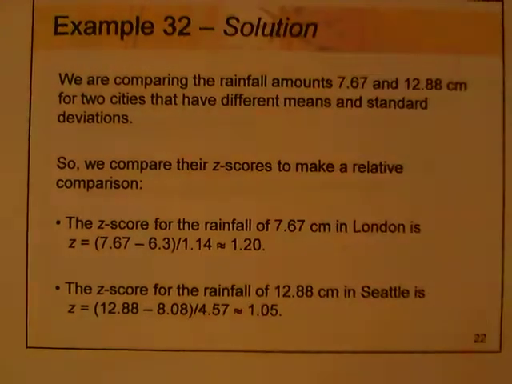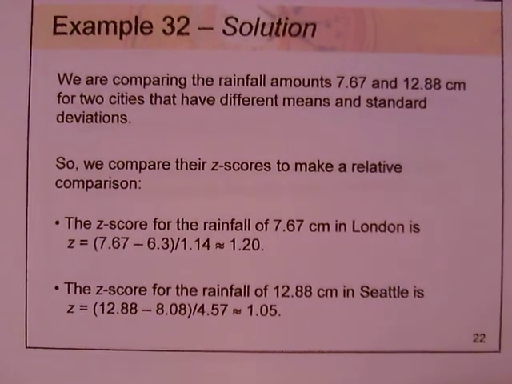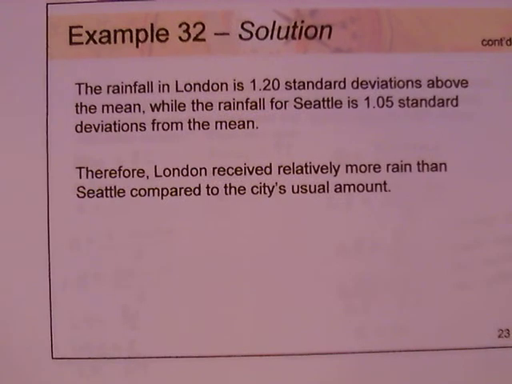What that means here is this. The rainfall in Seattle for that particular month is 1.05 standard deviations to the right of that mean. So here the rainfall in London, as I mentioned, is 1.20 standard deviations above the mean, while the rainfall for Seattle is 1.05 standard deviations from the mean.